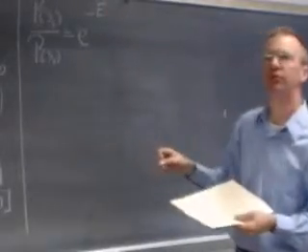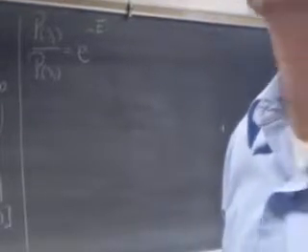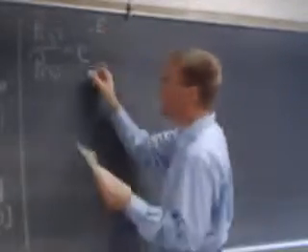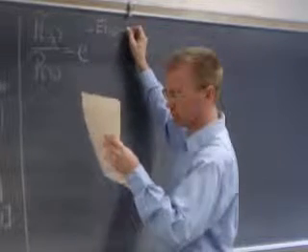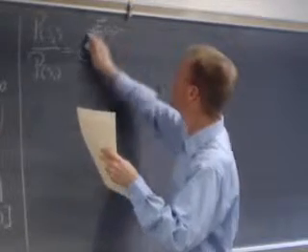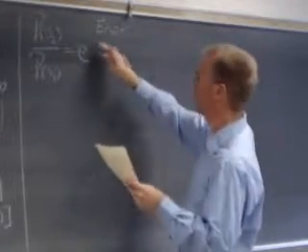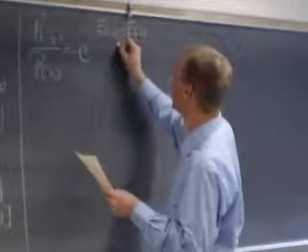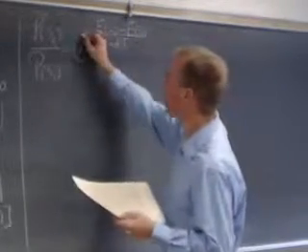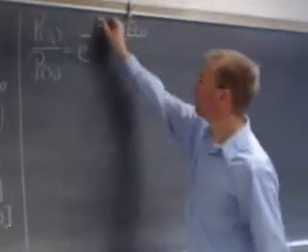So, e to the negative capital E of S2 minus, I'm going to ignore that overall negative sign for now, minus E of S1 all over kT, and there's an overall negative sign out front here. Maybe I should put all this in brackets like that.